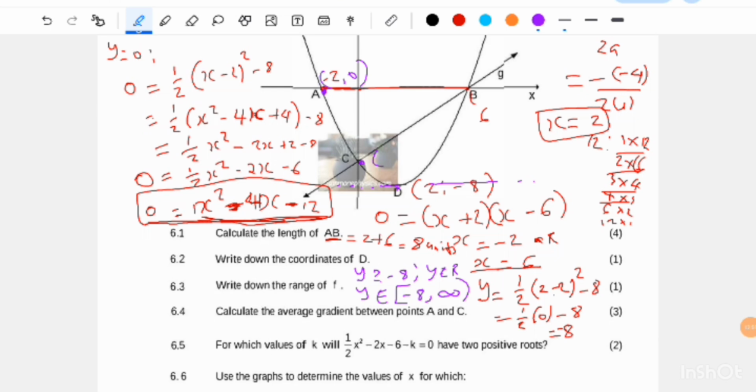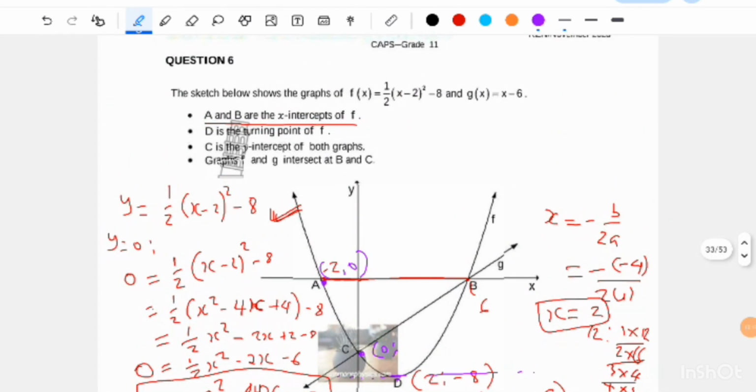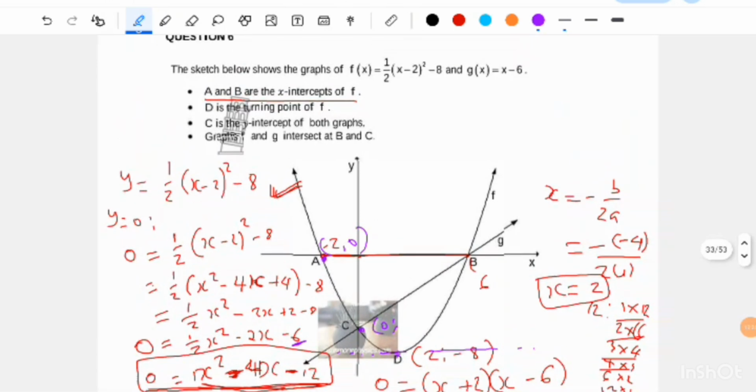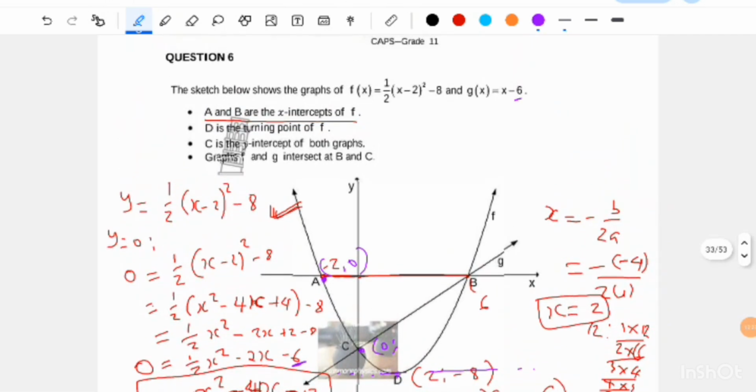C is the y-intercept, so it's (0, -6). Going up to our equation, yes, it should be 0 and -6.